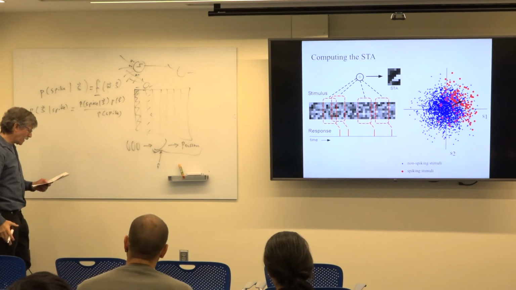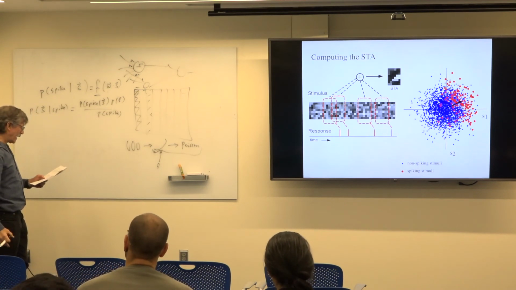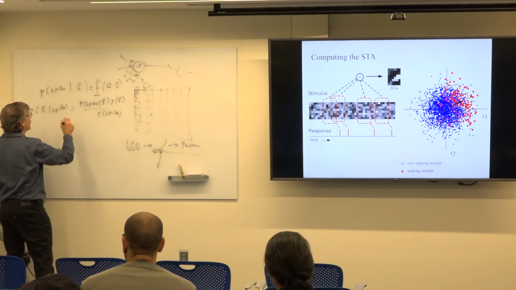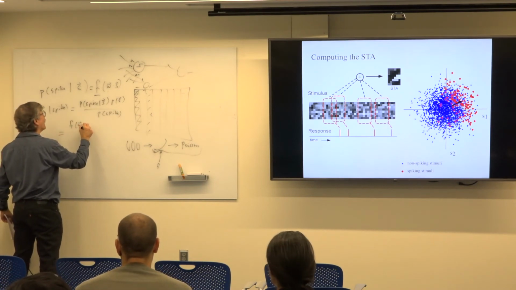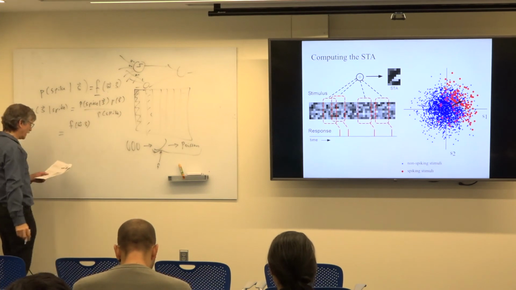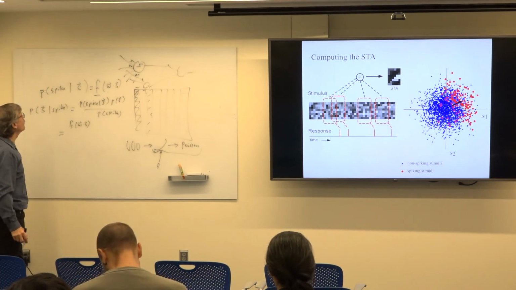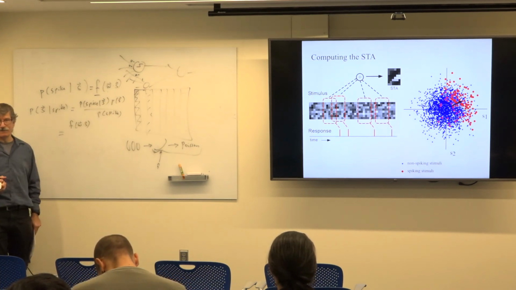Okay? And what's that? Well, I can substitute that in. That's f of w dot s. It's probability of spike given a stimulus. Now, probability of stimulus.